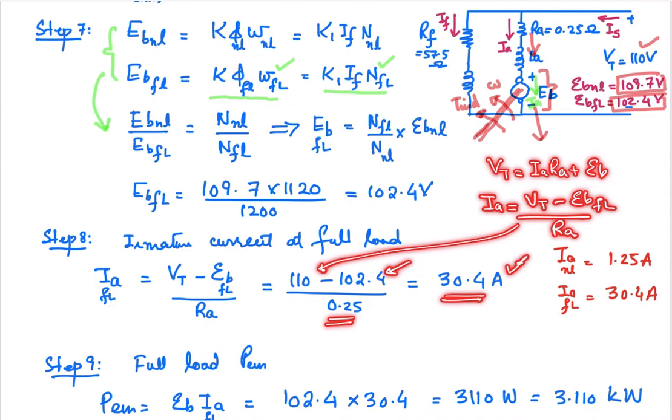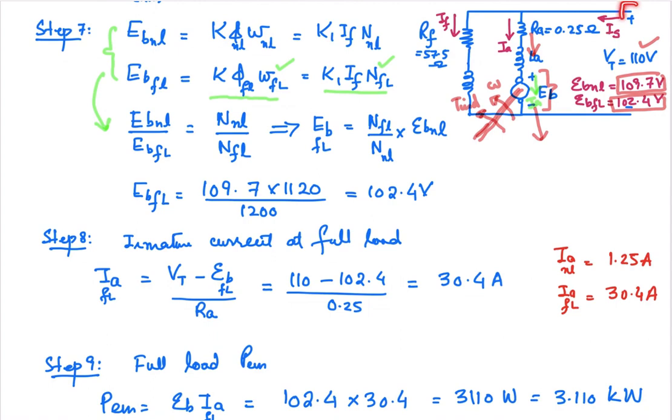So the armature current has changed from 1.25 ampere to 30.4 ampere at the voltage of 110 volt, right? By applying the load, the armature current increases, because the back EMF, which was opposing the current in the armature, is going to decrease. So you can observe the increase in the armature current here.